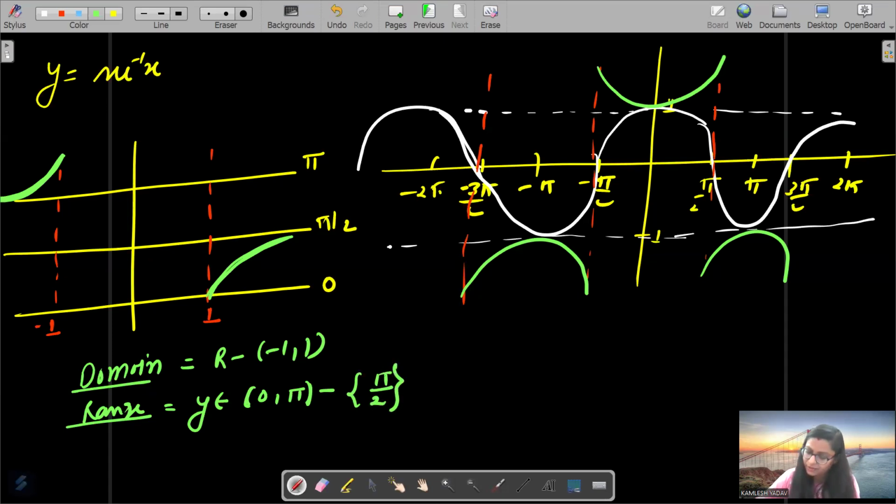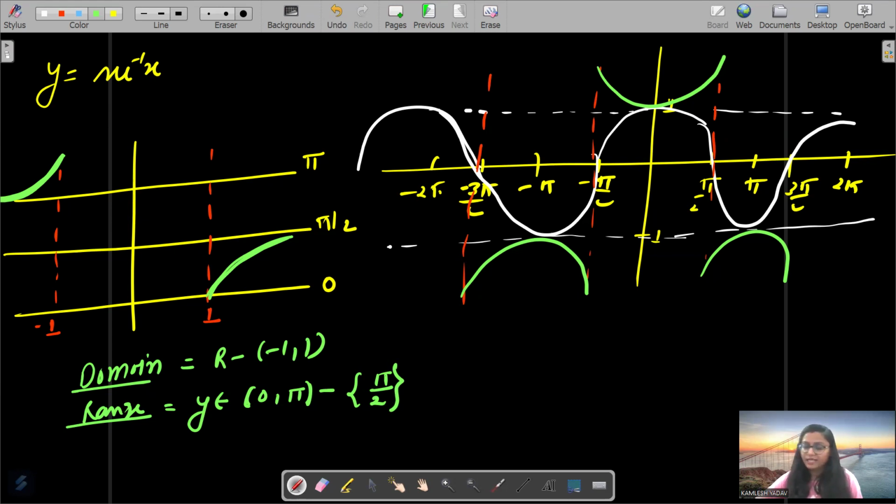According to this graph, our curve lies between 0 to pi, except the point pi by 2. So I write here the range y belongs to 0 to pi minus pi by 2. This is the graph of sec inverse x, and the domain and range is this.